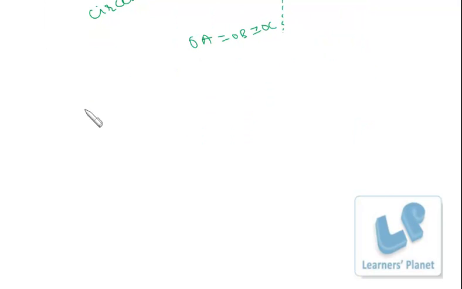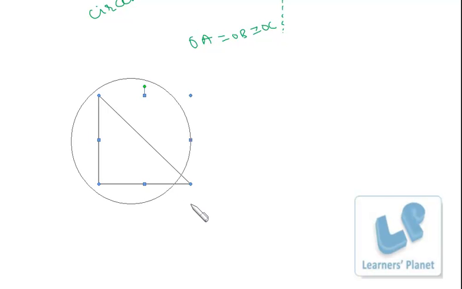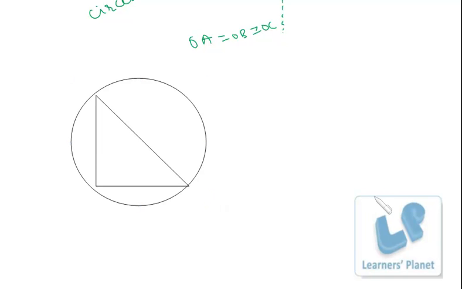If we take the case of a right angle triangle, I'll draw the diagram very quickly over here. I have this right angle triangle. If I draw a circle circumscribing this triangle, you know the property that the angle in a semicircle is 90 degrees.